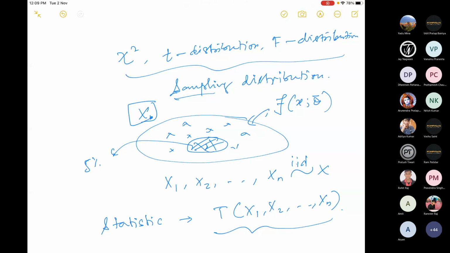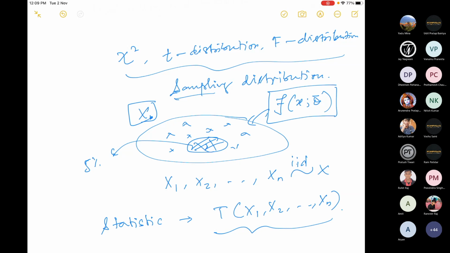For example, suppose I know that the population distribution, the density function corresponding to the random variable x, is normal, but I do not know what mu and sigma square are. Unless I know mu and sigma square, I do not know exactly what the PDF is. So these are the parameters that define the population distribution.